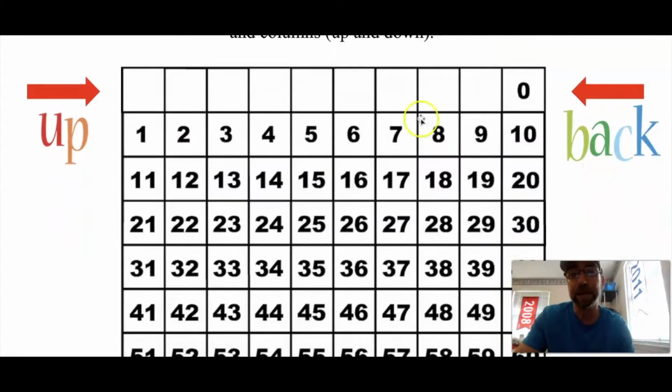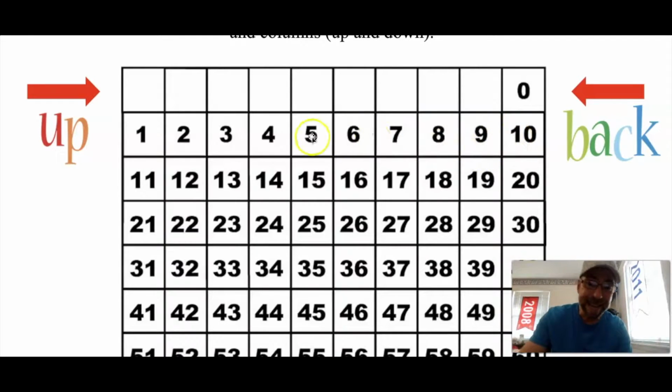So this number grid starts at 0, and then on the next line, I have the numbers 1, 2, 3, 4, 5, 6, 7, 8, 9, 10.